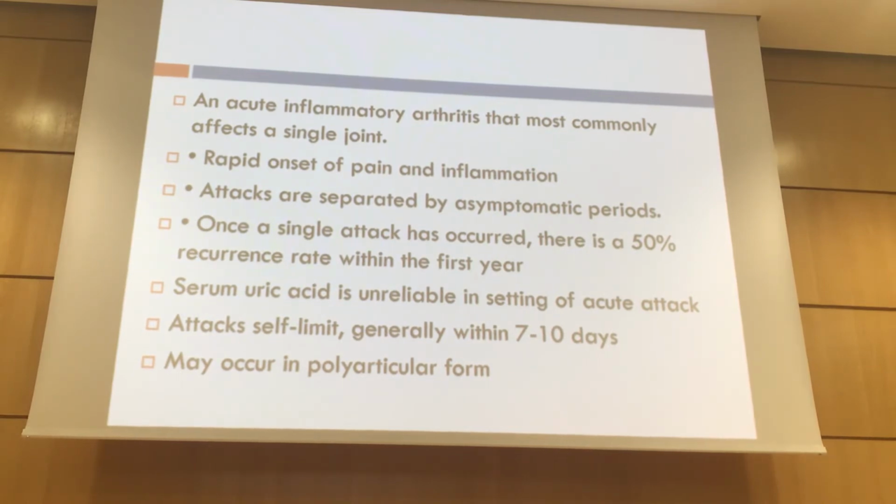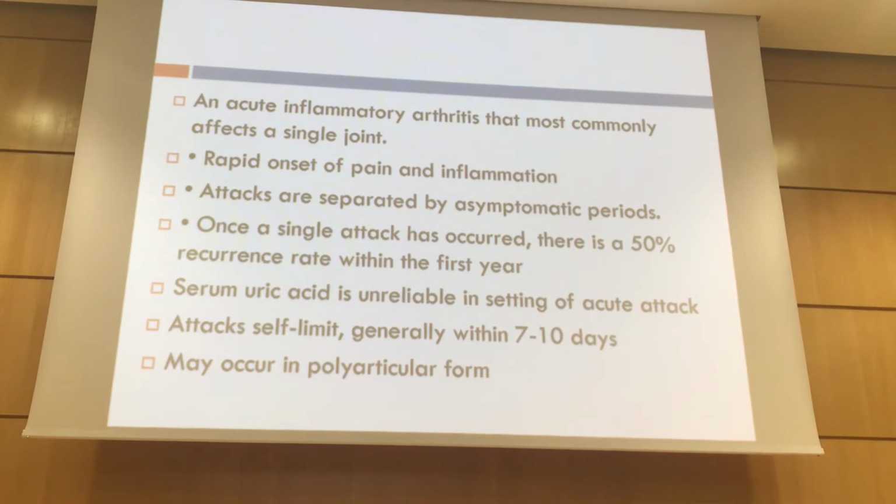And sometimes there is an asymptomatic period. The patient will do very well in between. Once a single attack happens, there is still a chance of it happening again. The patient is educated on how to avoid these attacks, as he might have them in the future. Serum uric acid is unreliable in the setting of an acute attack because sometimes it drops down.